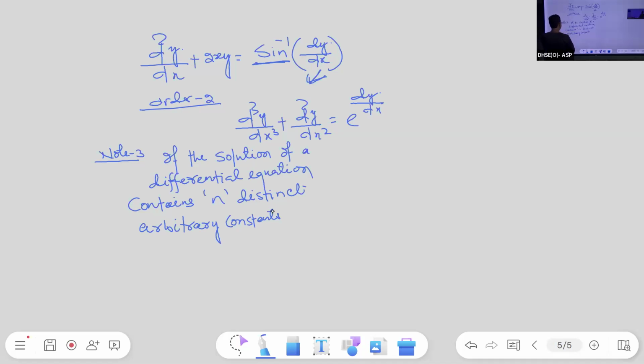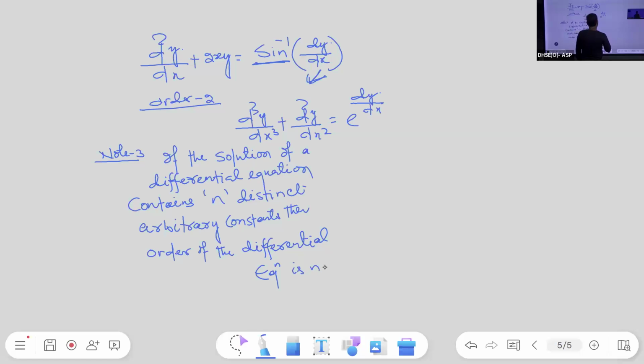If the solution of a differential equation contains n distinct arbitrary constants, then order of the differential equation is n.